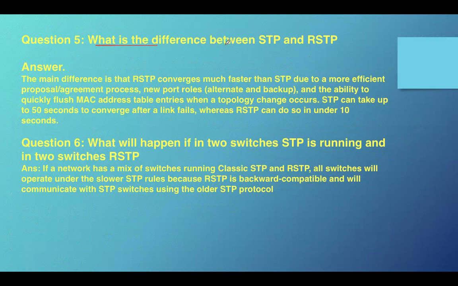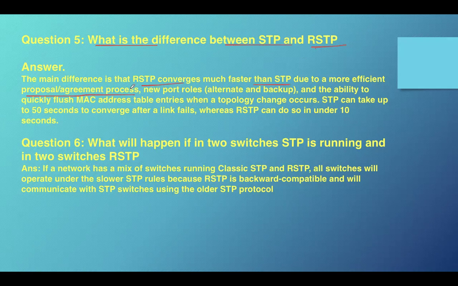That's a very common question that the interviewer asks, STP and RSTP. RSTP is called Rapid Spanning Tree Protocol, and as the name says, rapid. This is where the main difference is: RSTP converges much faster than STP due to a more efficient proposal and agreement process, because RSTP has a proposal and agreement process.